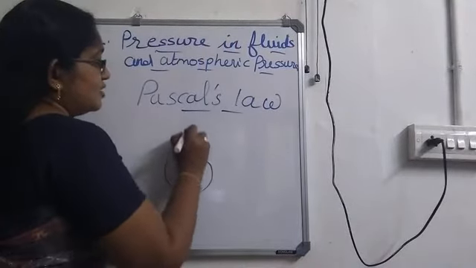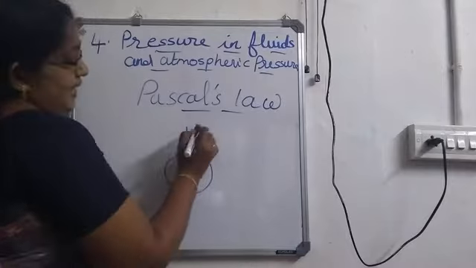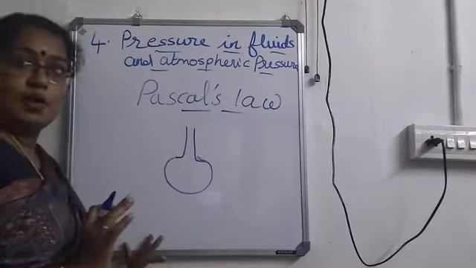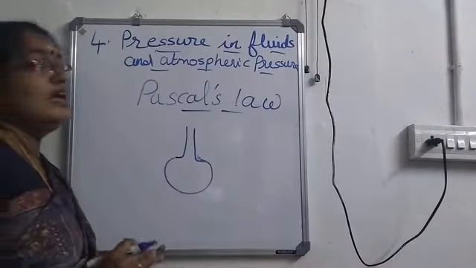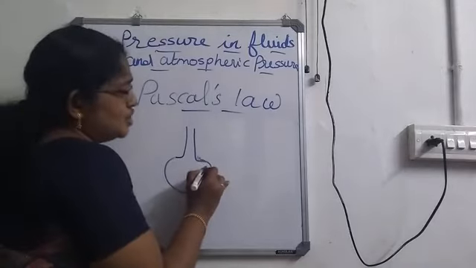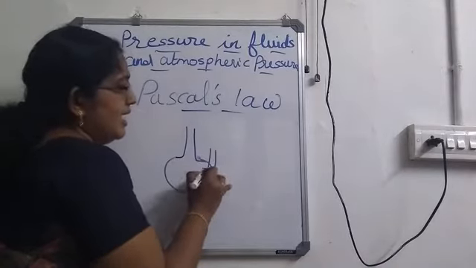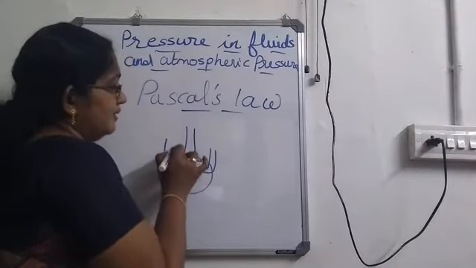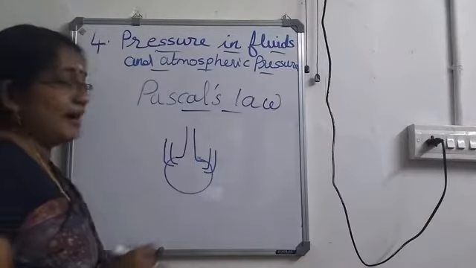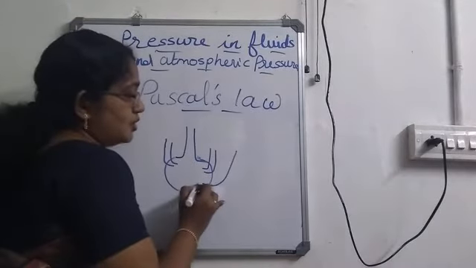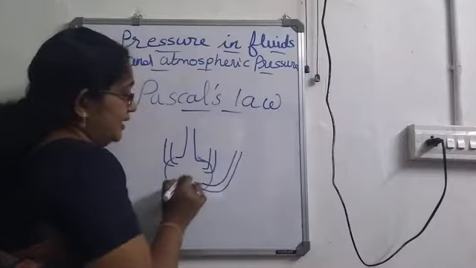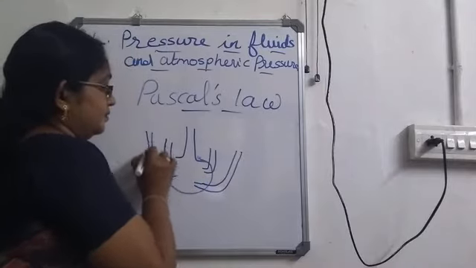So we are considering a round bottom flask. The specialty of this flask is it has many small pipes. Small tubes or pipes are connected to it like this.